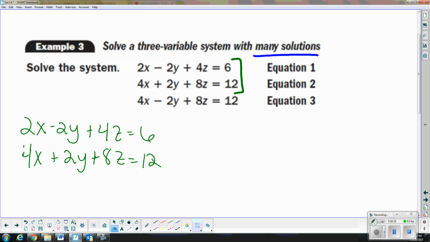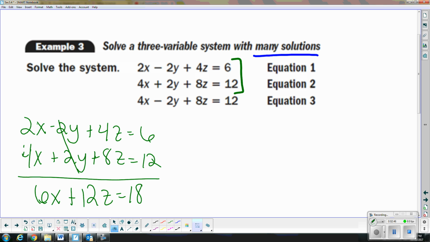So this is our first 2 equations. So it's not enough if we just get 0 equals 0 here. We'll see what we get. Okay, so our y gets eliminated, and we get 6x plus 12z equals 18.